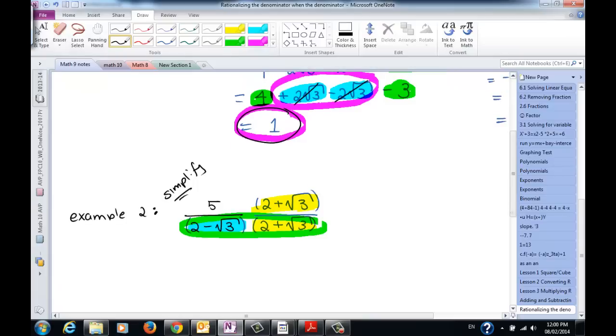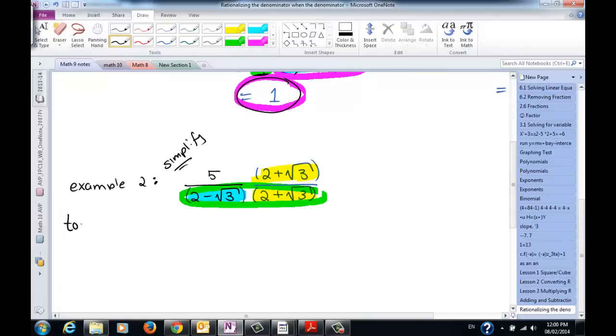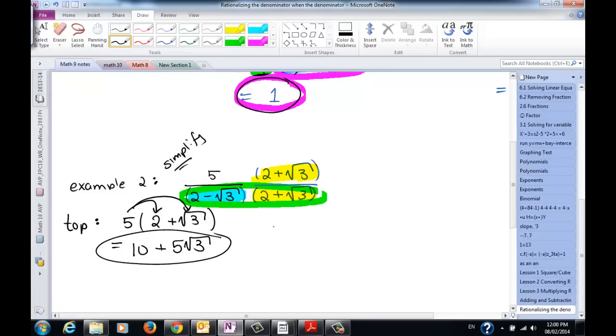Okay, so if I just look at my top piece first, I'm going to look at them separately. I have 5 multiplied by 2 plus root 3. I'm going to distribute this. So my first thing, I get 5 times 2 is 10, plus 5 multiplied by root 3. So I'm done for my top.